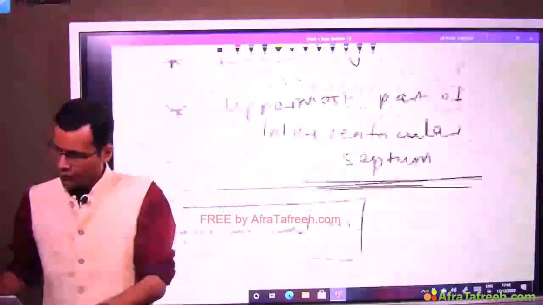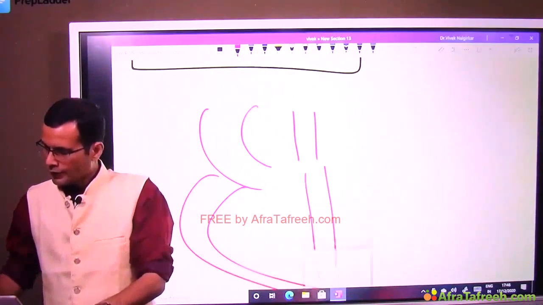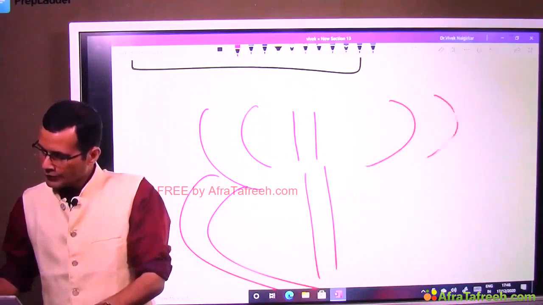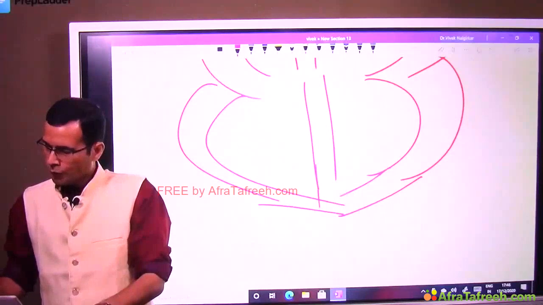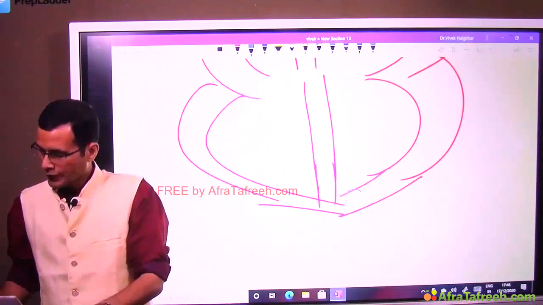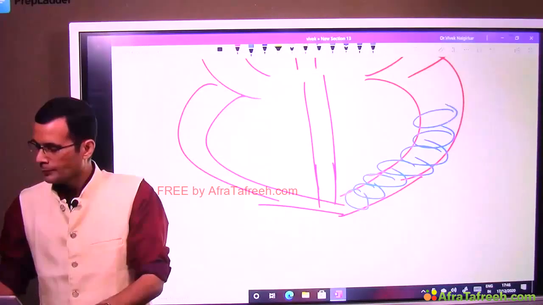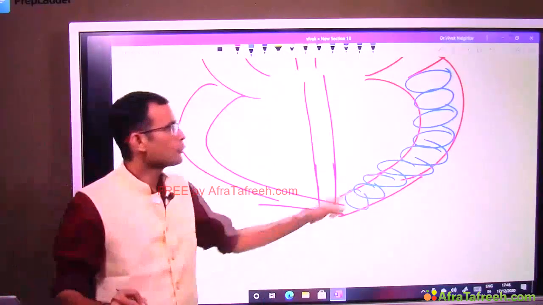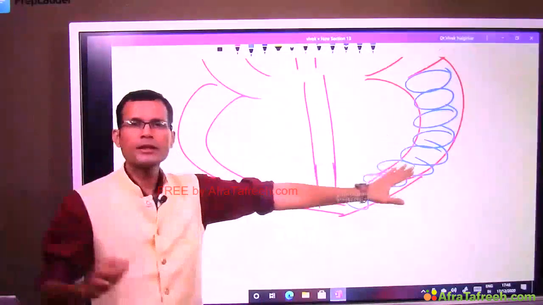Let's just draw a diagram. Depolarization goes from apex to base. All right. I'm showing a representative diagram. I've shown some cardiac cells. Please take it as a representative diagram.